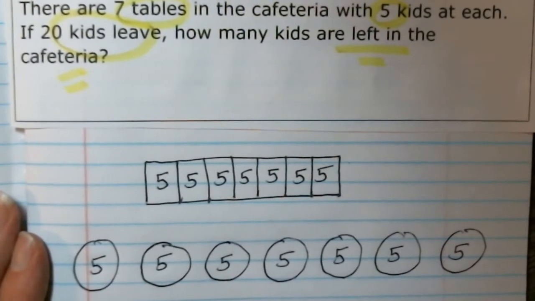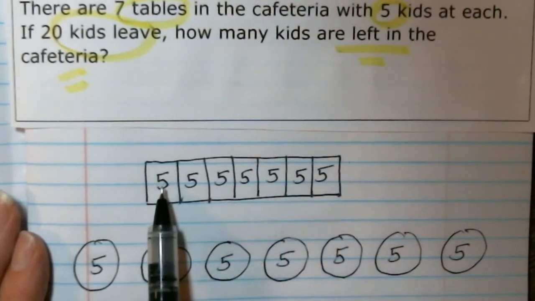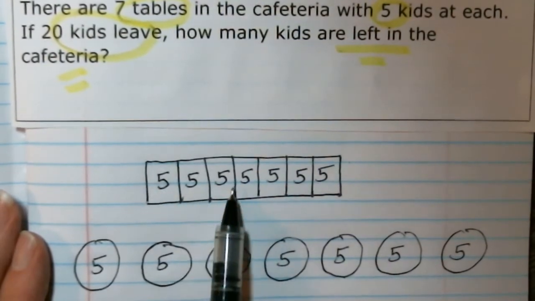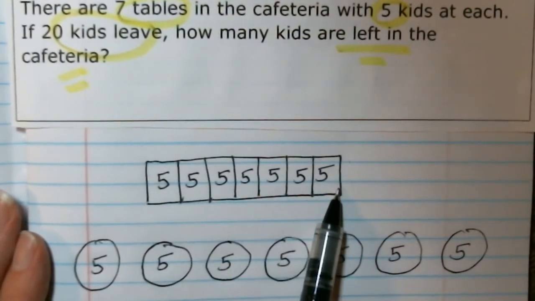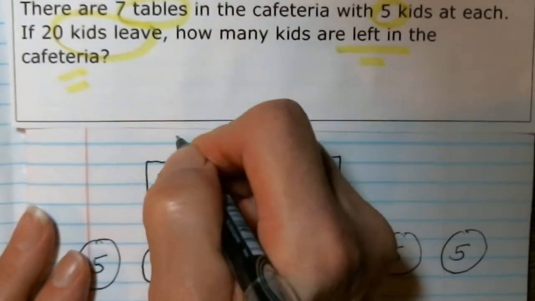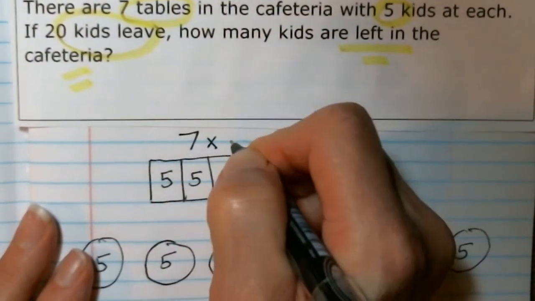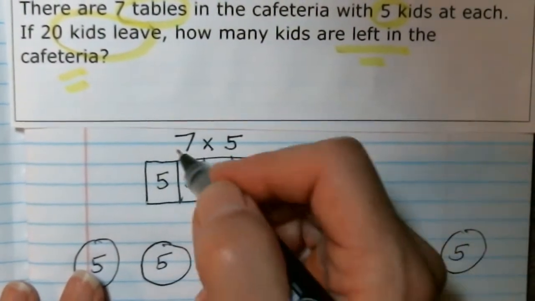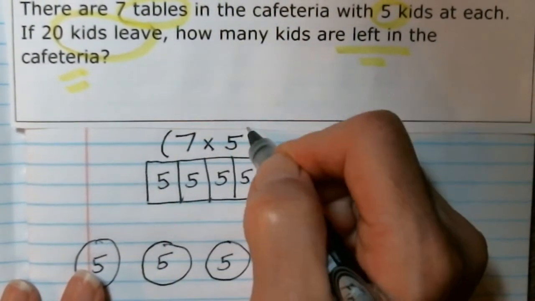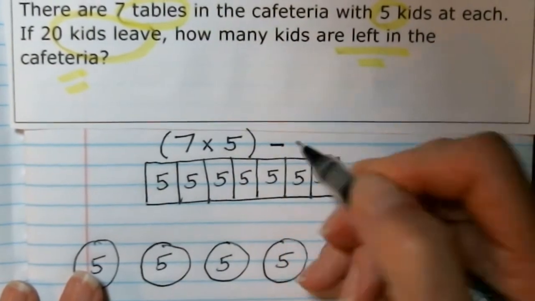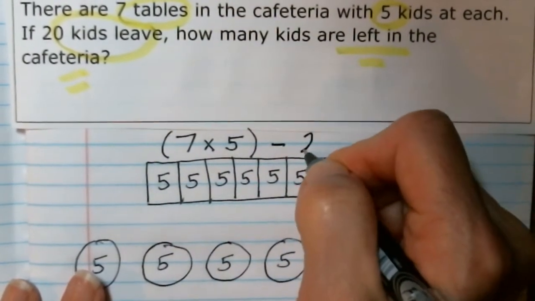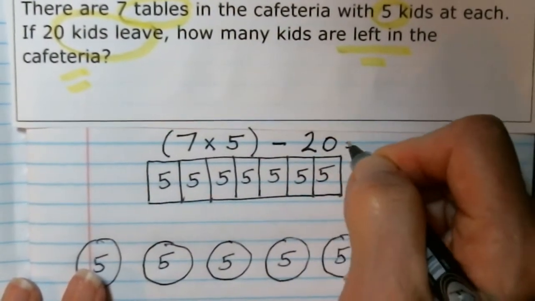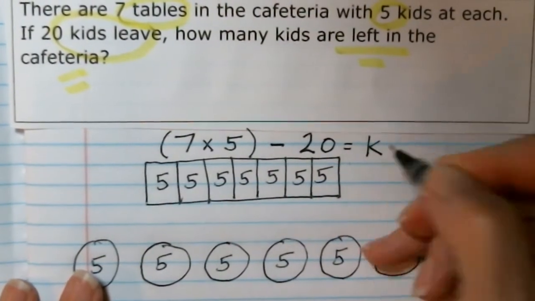But I know repeated addition, I could also do, there are 1, 2, 3, 4, 5, 6, 7 groups of 5. 7 groups of 5. I'm going to have to multiply or repeated addition, and then after I find that answer, I'm going to take 20 from it. To find out, I'll put K for kids.